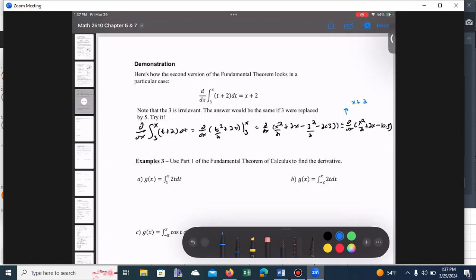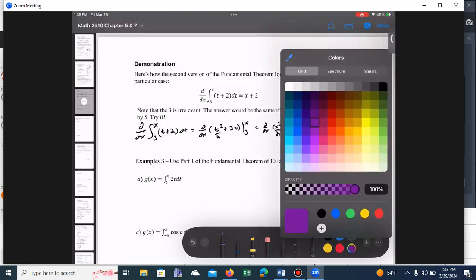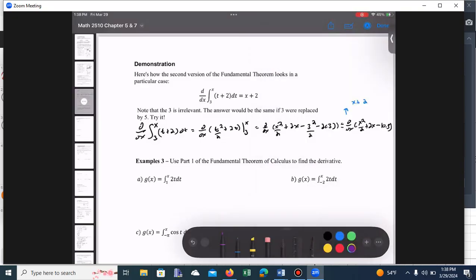All right, so now we will switch this to a 5. You know what? Let me do a different color here. So d dx, 5 to x, t plus 2 dt, d dx, the antiderivative.